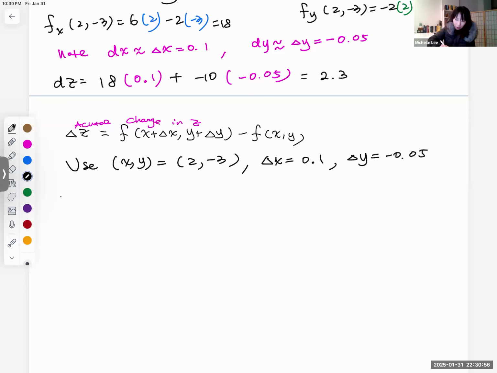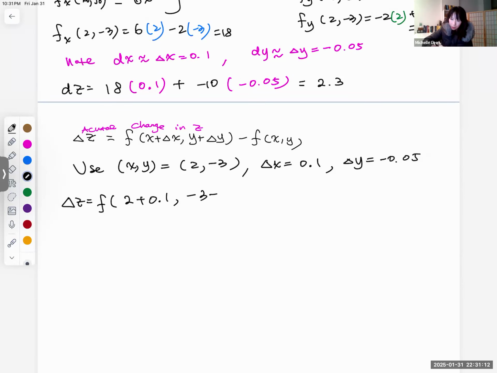Okay, so delta z equal to f of 2 plus delta x, 0.1, and negative 3 plus delta y, which is negative 0.05, minus f of 2 and negative 3.